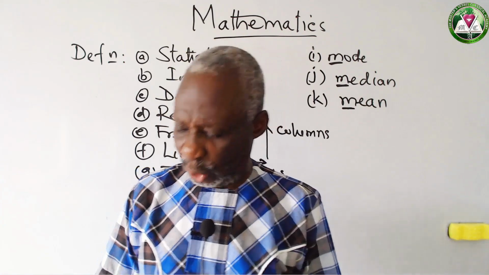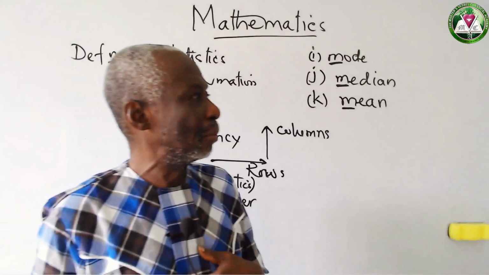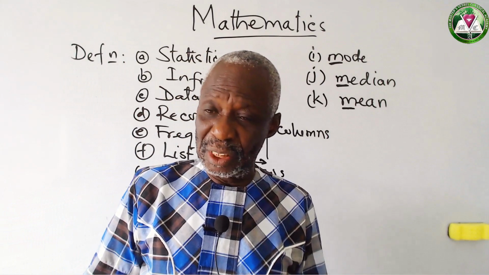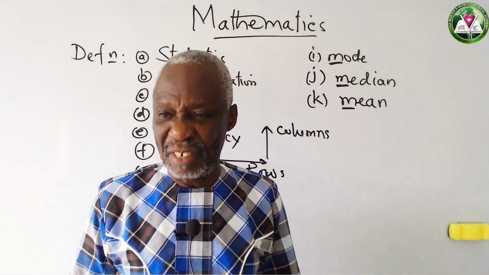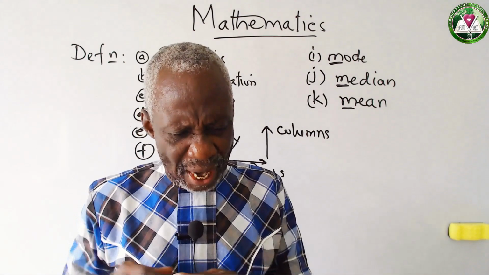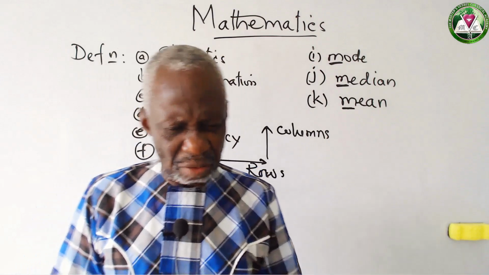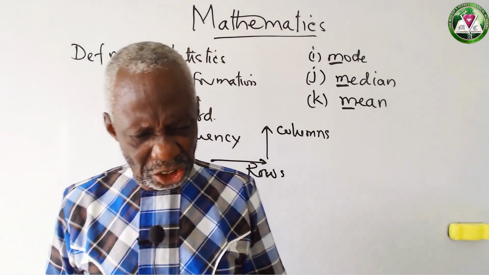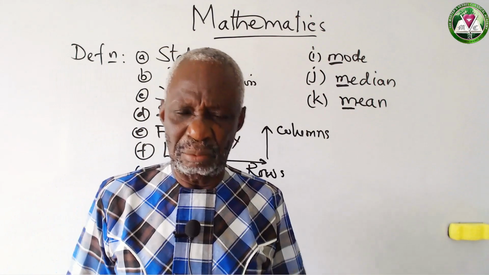Which one of them is the most useful? Is this last one. Why is it the most useful? Because it involves every item in a given list, so that nobody will feel cheated. So that is why most of the things you do in school, arithmetic, whatever it is, English, maths, sciences, and all that, add all of them.